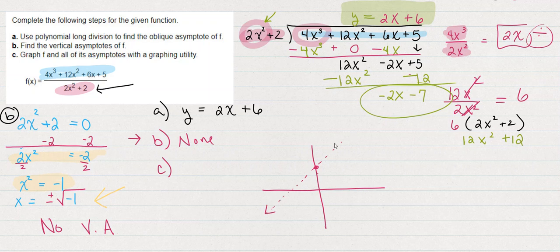Right here's my oblique asymptote. And so I'm going to look for the only graph out of those 4 choices that has that oblique asymptote. You could use a graphing utility to get a more precise graph, but you don't need to. All you need to do is pick the multiple choice option that has that asymptote graphed.